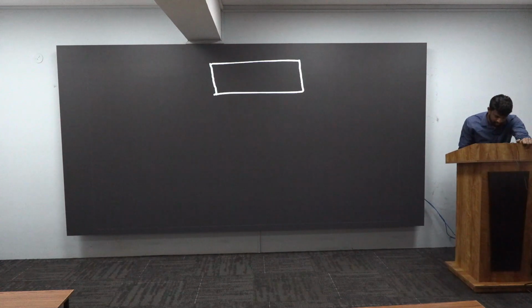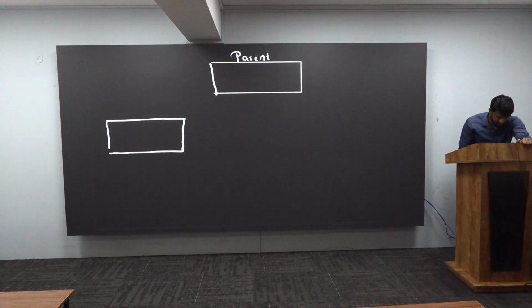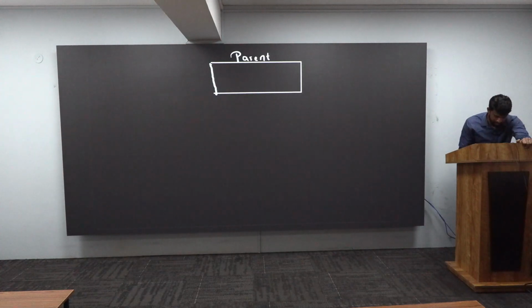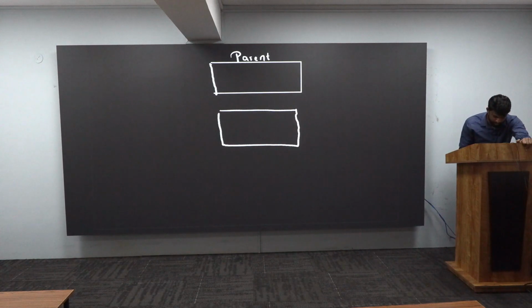There is one class. The name of the class is parent. Good. There is another class, and that class I am showing it to you this way. What is this, sir? This is parent. Sir, parent, no problem. This is grandparent. Good.